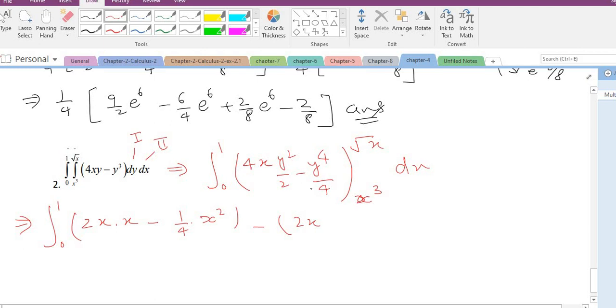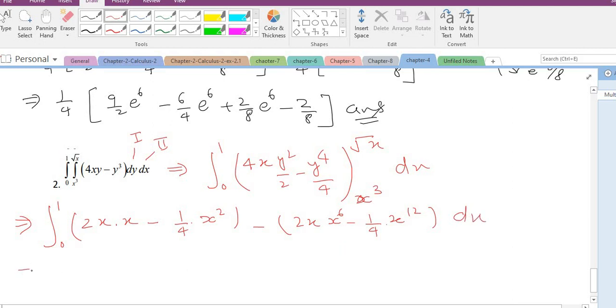So x power 3 power 2 means x power 6, minus 1 by 4, see that, y means x power 3 power 4, that means x to the power 12, and then integrate with respect to x.